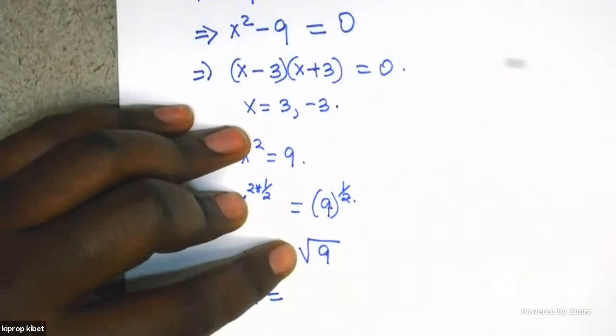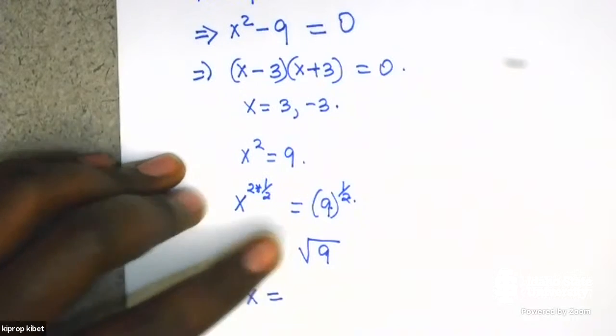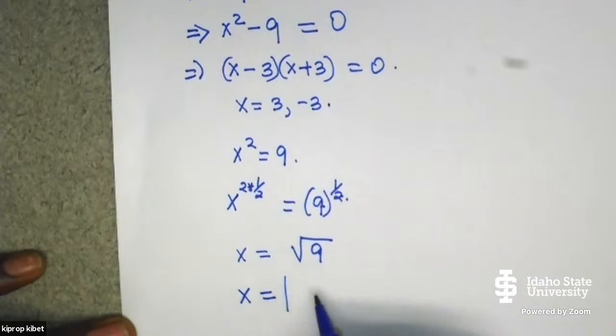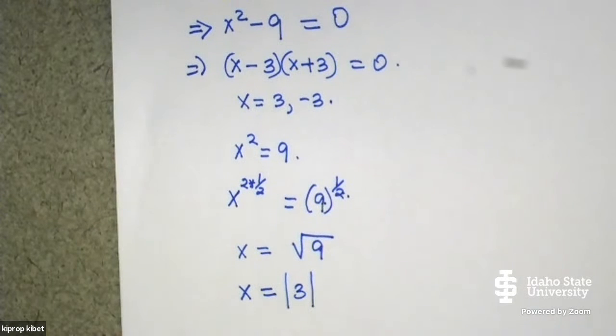If the root here is 2, that is, n is even, then we take the absolute value.